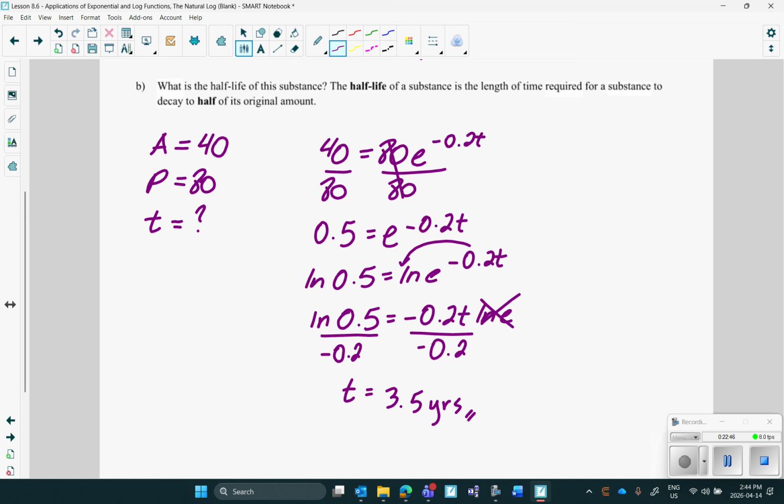It's 2.718, right? And if you can't remember the value of e, just do e to the first on your calculator. You should all have an e to the x button. Just do e to the first and you'll get the number. 3.5 years.